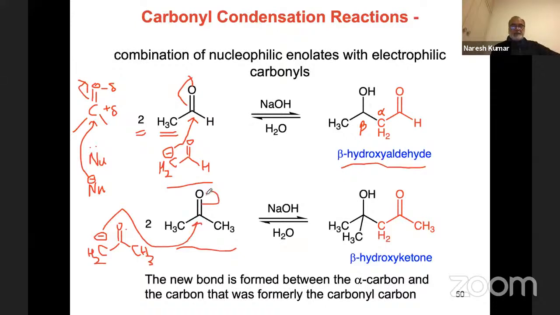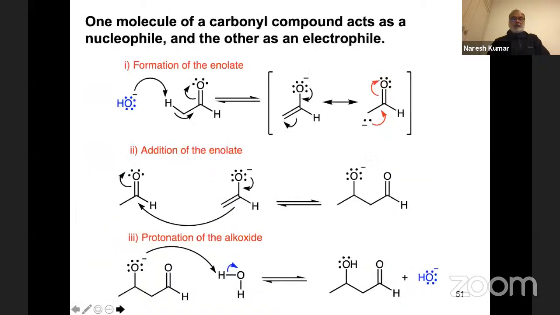And this pair of electrons can move over here to give you this intermediate, or the beta hydroxyketone in this case. So that means the carbonyl compound having an active CH2 or CH3 group adjacent to it can react with themselves to give us this hydroxyaldehyde or hydroxyketone product.